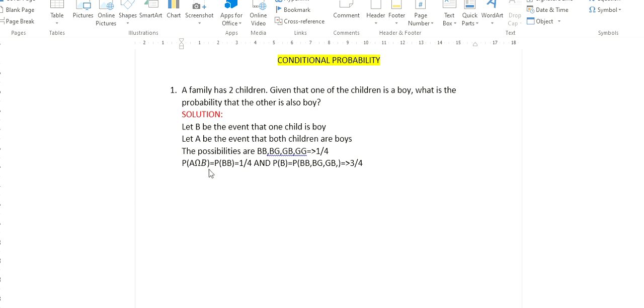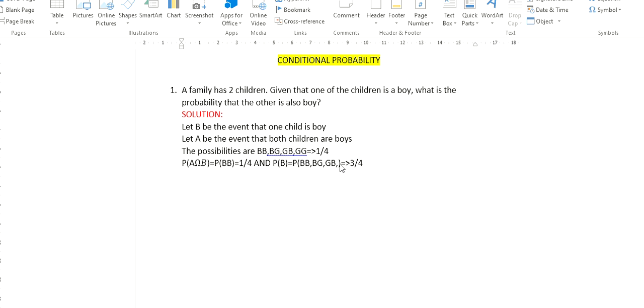Probability of A union B equals probability of boy, 1 by 4. And the other chances: what is the probability that the other is also a boy? Out of 4, BB, BG and GB I have taken. GG I have excluded because they are not asking about the girl. So 3 out of 4 combinations we have.